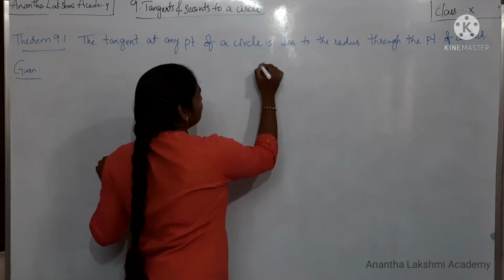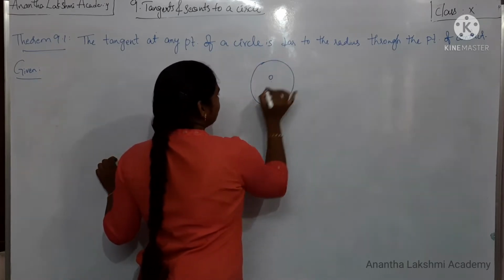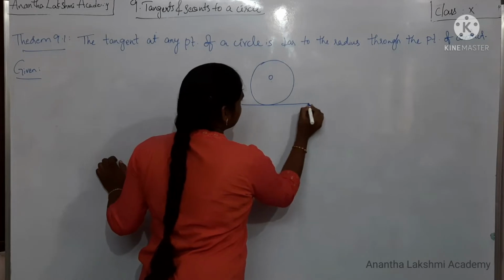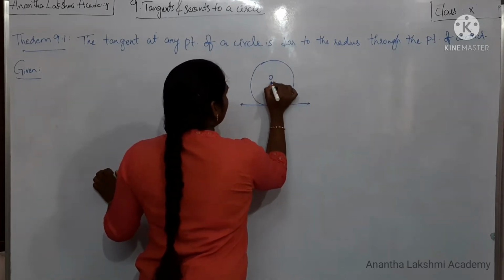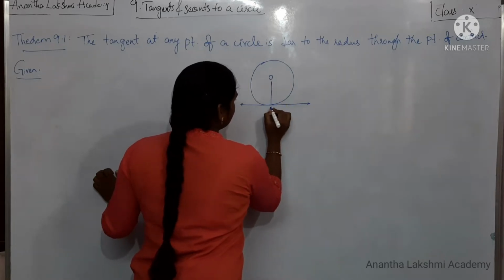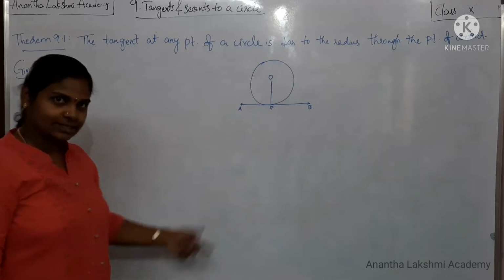So let us draw a circle with a center and a tangent and a point of contact. So what is given for us? All this is given for us.